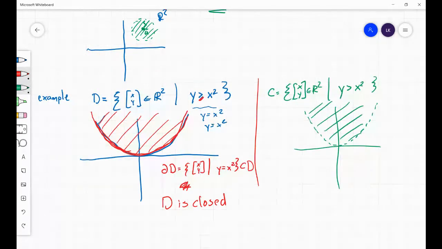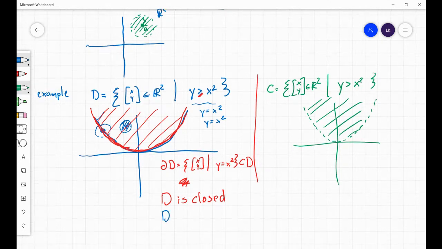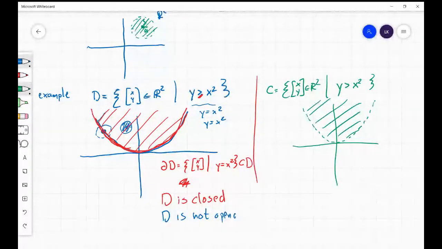Remember, a set can be both closed and open, but here no, because even though we have interior points, open balls contained in our region, boundary points by definition cannot be interior points. So D is not open.